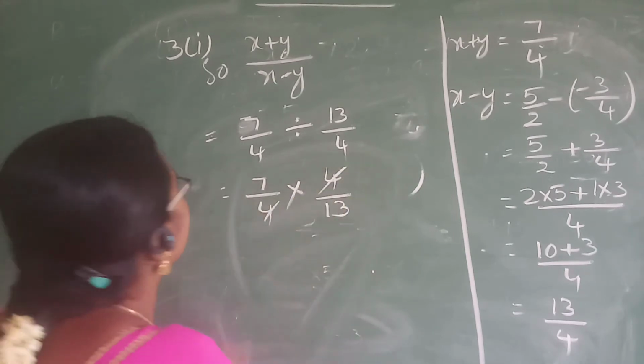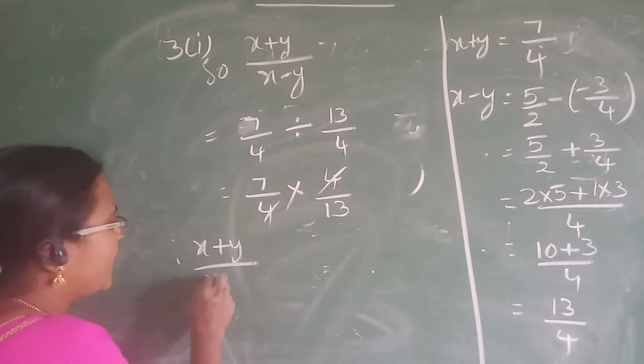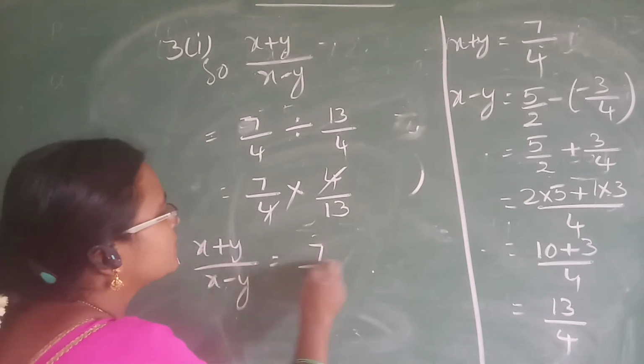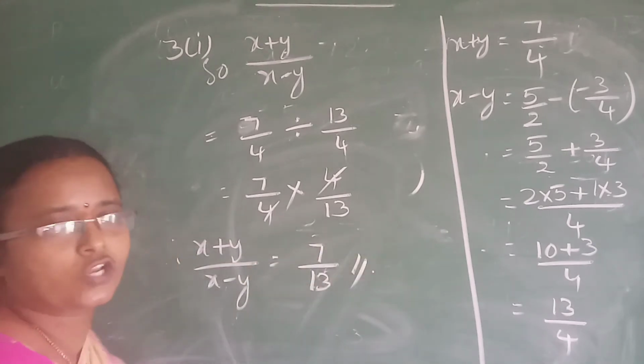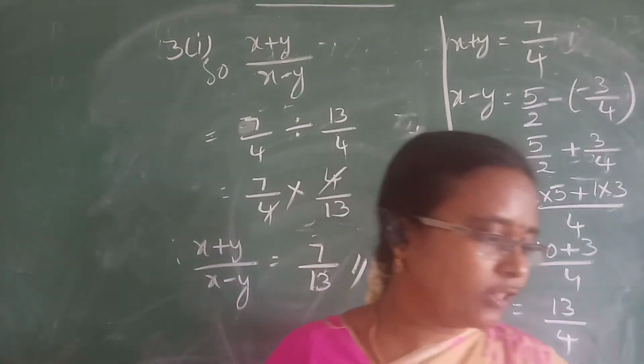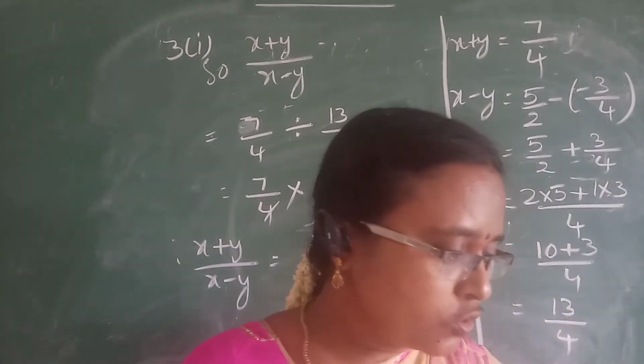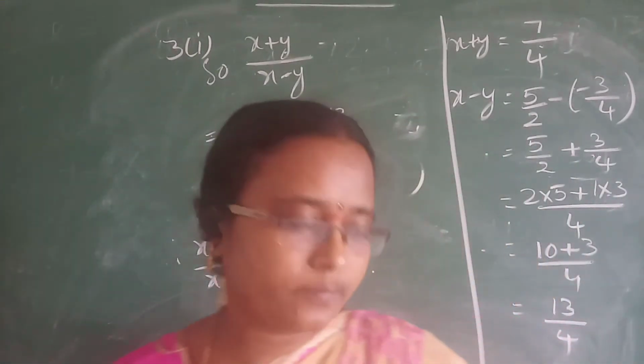Now 4 gets cancelled. Therefore x plus y divided by x minus y is equal to 7 by 13. This is the solution of this bit, and you have to similarly solve the second problem of this third bit. Now I am going to solve the problem of the fourth bit.